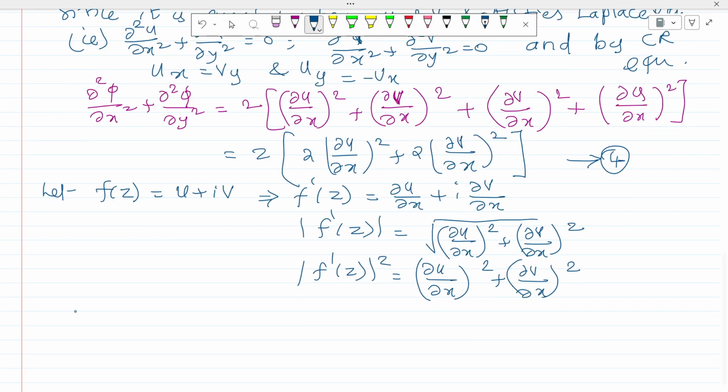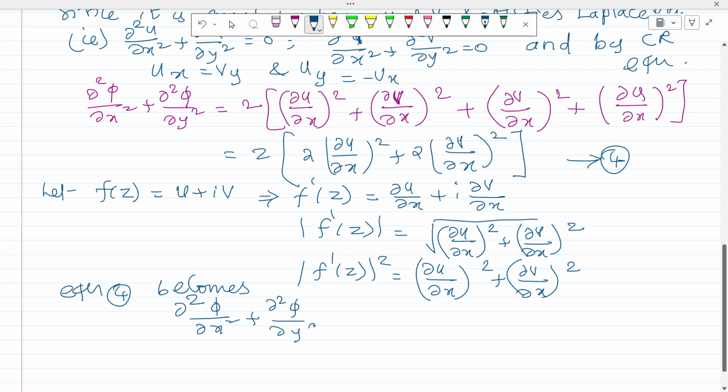Equation number 4 becomes ∂²φ/∂x² + ∂²φ/∂y² = already 2 is there, taking 2 outside, 4 times [(∂u/∂x)² + (∂v/∂x)²]. That (∂u/∂x)² + (∂v/∂x)² is |f'(z)|².